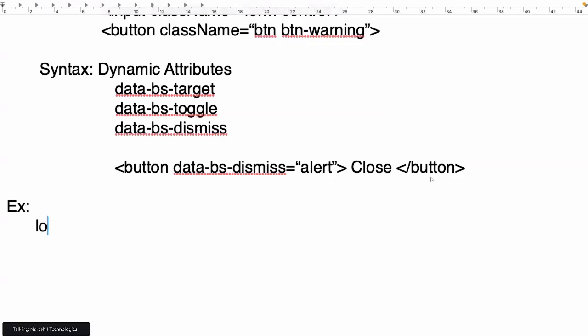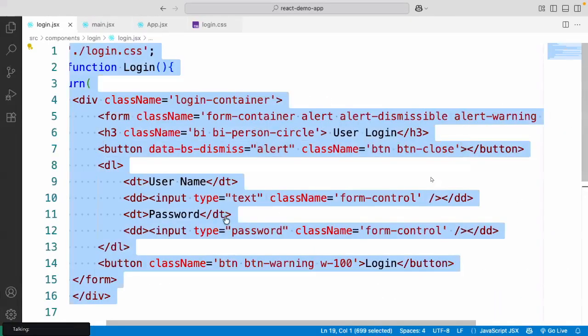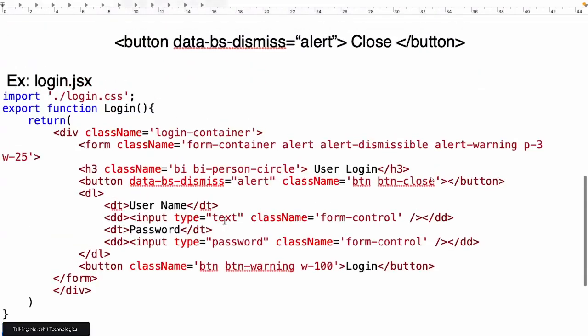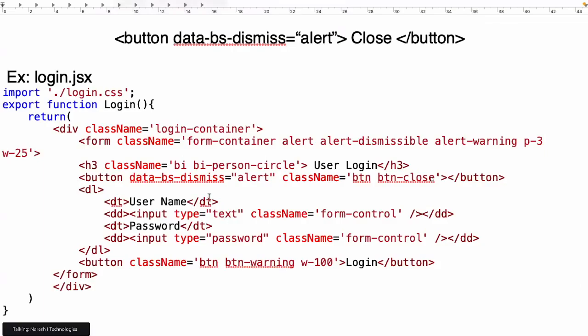I created a component called login.jsx. Whatever I wrote in this login JSX, I will copy for you in the notes, just for your help, so you can see what classes I have used. Right, so this is login.jsx.